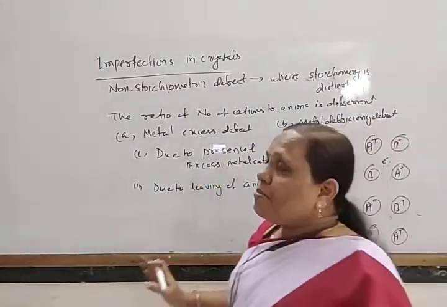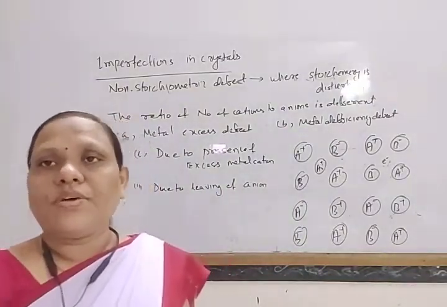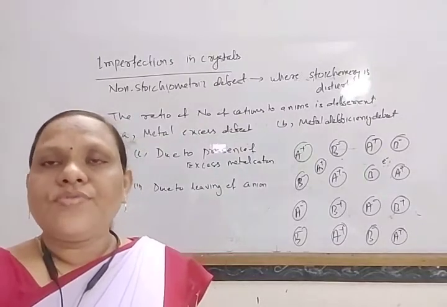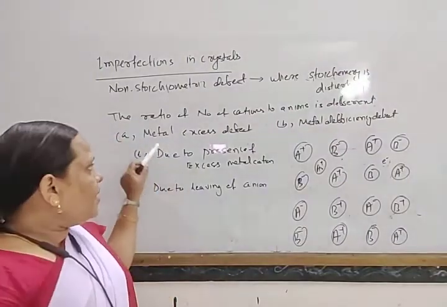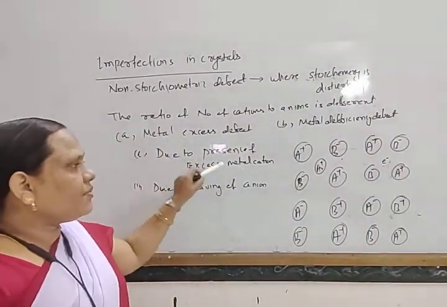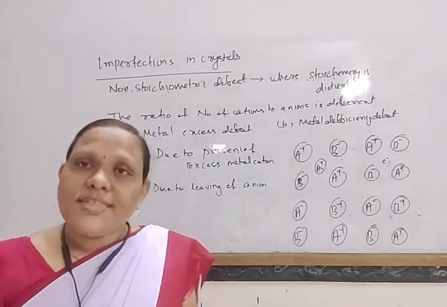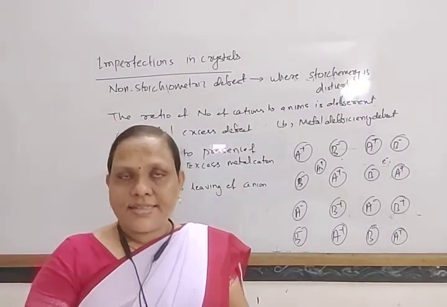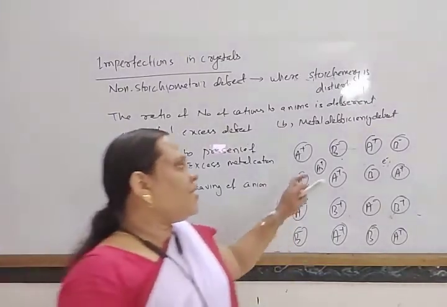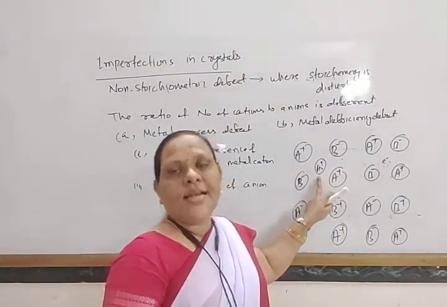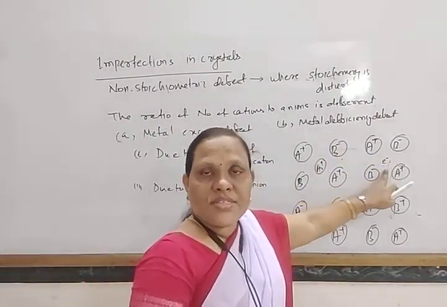Okay, so this is called metal excess defect, and it generally arises due to the presence of extra cations at the interstitial space. Generally, if we consider zinc oxide, when zinc oxide is heated, some extra Zn2 plus ions remain in the interstitial sites, and the electrons which are removed also remain in the interstitial spaces.